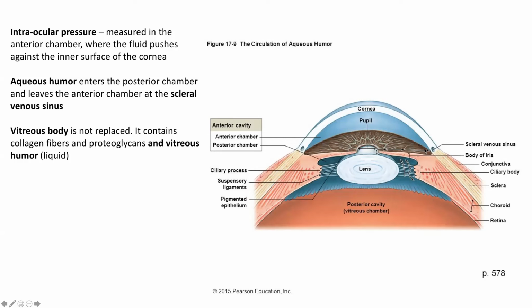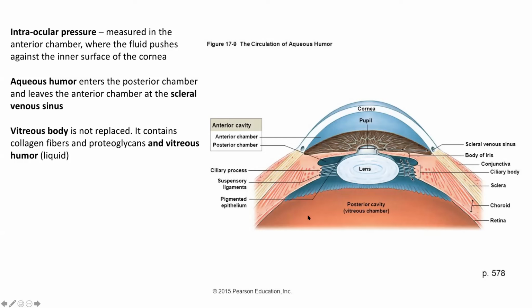It comes around through the eye, and then it goes out through this little hole on the side, the scleral venous sinus. So this is continually made and drained. It circulates through here, it's made, and then it drains out.